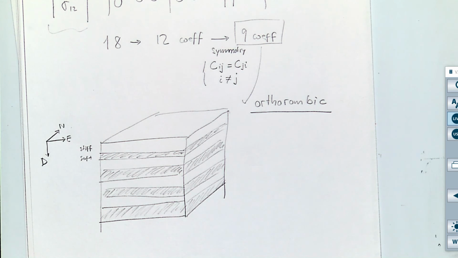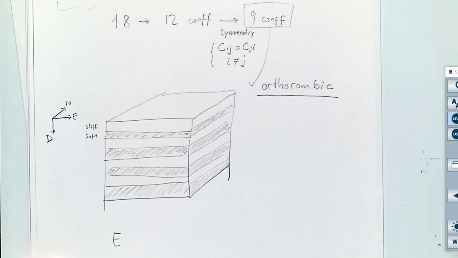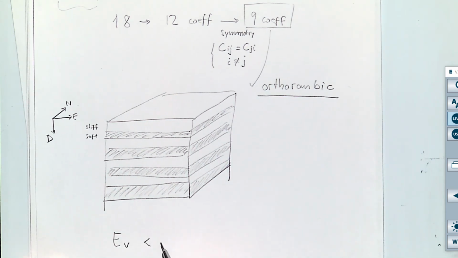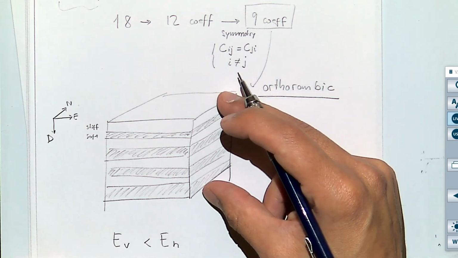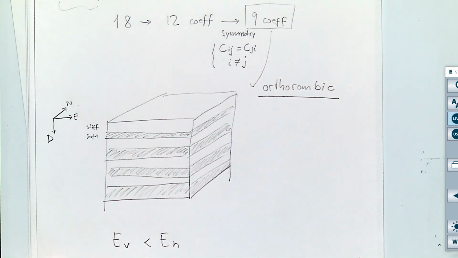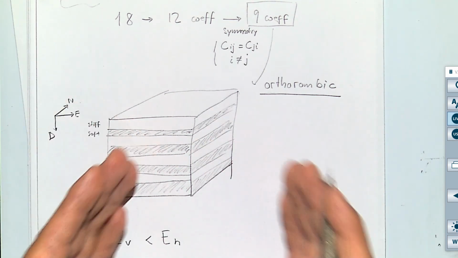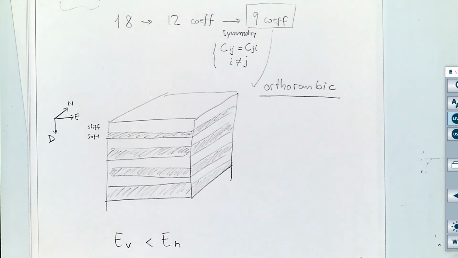In general, the Young modulus or stiffness in the vertical direction is going to be smaller than the Young modulus in the horizontal direction. This is like an Oreo cookie, right? It's going to be softer in the direction where you have the cream than in the direction where you have the cookies. And it's the same with the rocks. But we're going to talk about that later on.